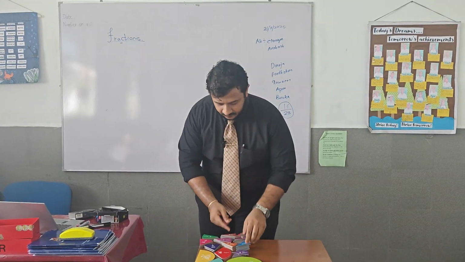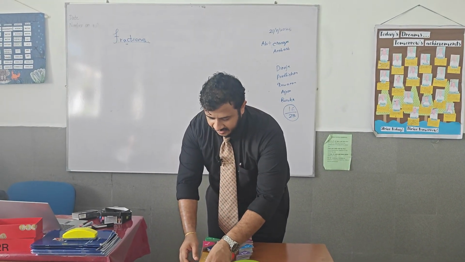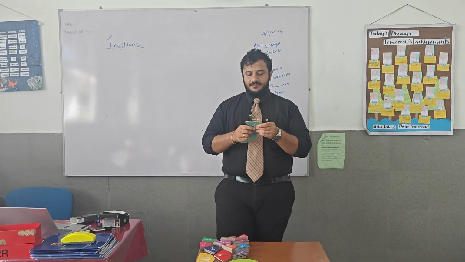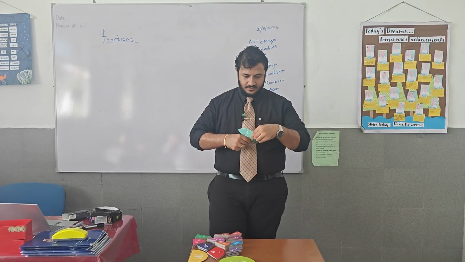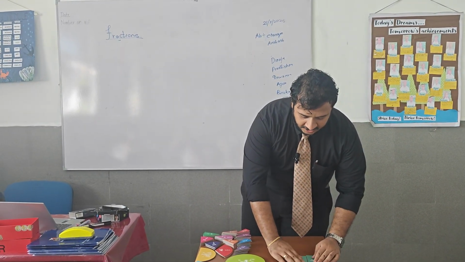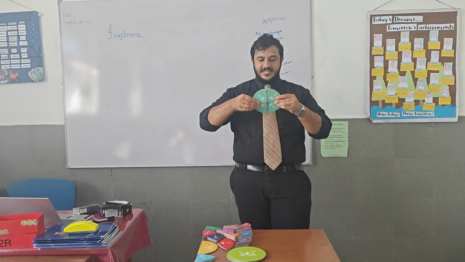So we call it a proper fraction. Then when we had something like this, the numerator and denominator are both the same. As an example, can you all see this? If I put 4 out of 4, what is that?